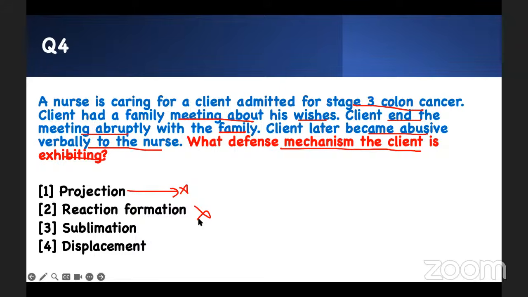You have a bad, unacceptable feeling, but you turn it into good. It's not like I hate you, then I'm loving you. That is not sublimation. The bad feeling I turn into good, like you were sexually abused, but then you become an advocate. Your father beat you all the time, you became a boxer. You turn it into something socially acceptable. That is sublimation.